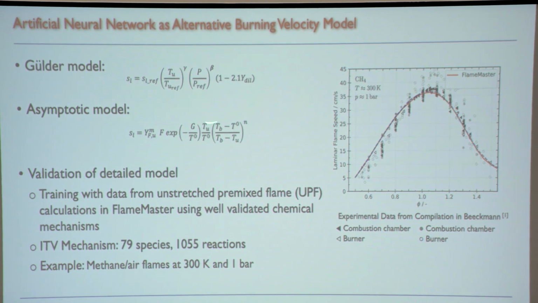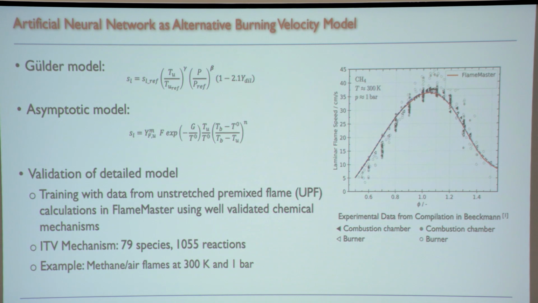So people use these functions, but there is an issue because sometimes they're not all that accurate. And so here we have used a chemical mechanism to generate data for methane air.